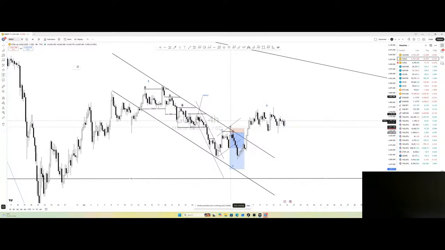Guys, this is your sweep of liquidity here. That is your sweep of liquidity, or stop hunt. Let's just say stop hunt.